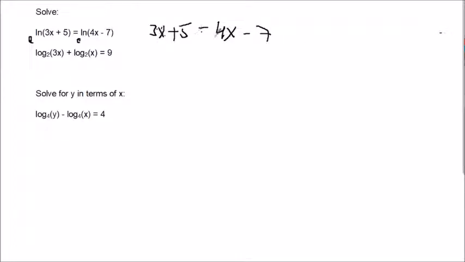Then we can subtract 3x on both sides and add 7 in order to get x is equal to 12.